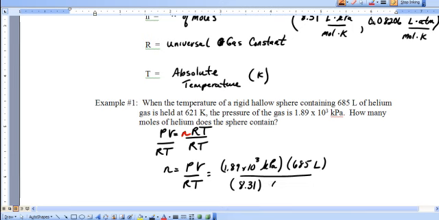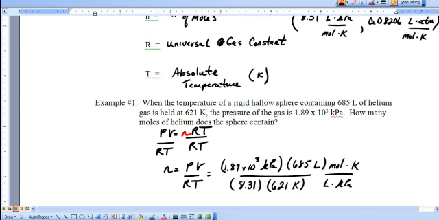And the temperature is 621 kelvins. Now the reason why I'm going to move the units for this gas constant over is because I want to show you how they can cancel out. Here's the units for the gas constant. It's liter kilopascals over moles Kelvin. Now notice that I've written the reciprocal of this because we have the 8.31 in the denominator, so that means that we're going to have to also take the reciprocal of the units.